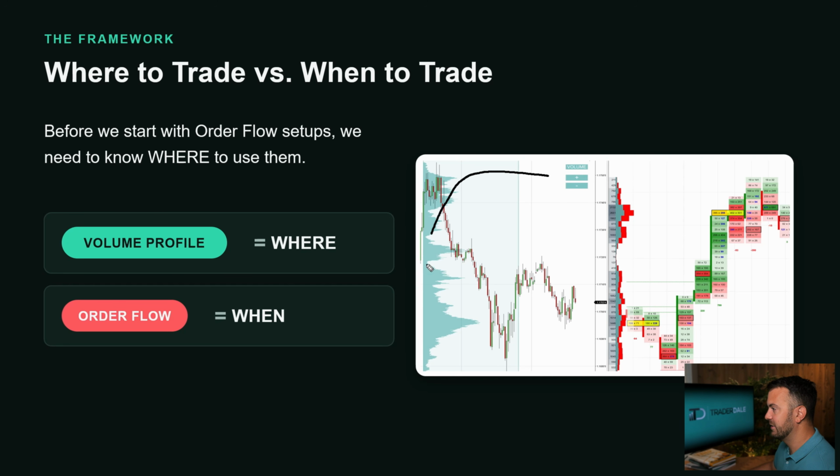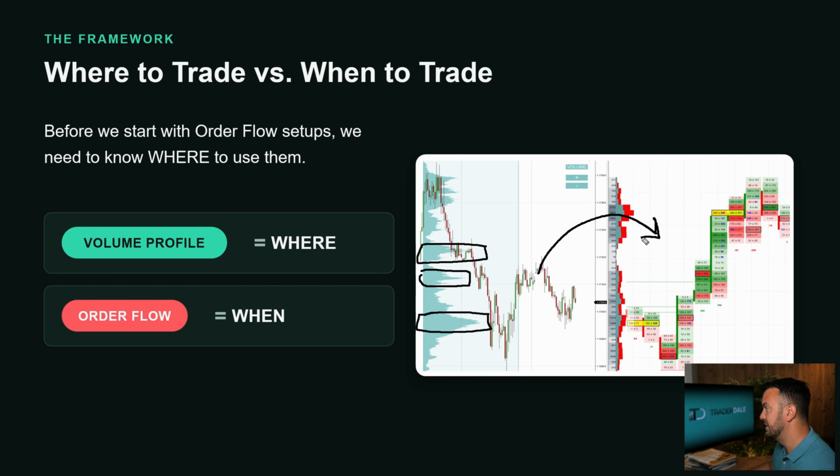This left part of this picture shows the volume profile, and we'll be looking for important zones where to trade with order flow. Once we've identified those zones, then we will move into the order flow part, and there we'll look for confirmation whether to trade in those zones or not. Okay, so this is how we are going to do it.